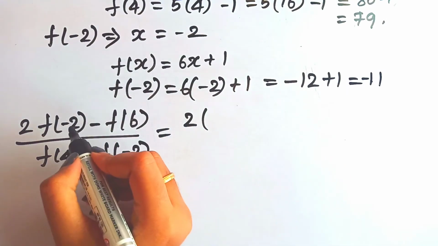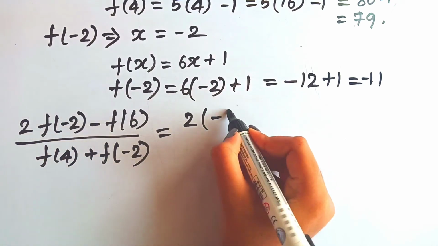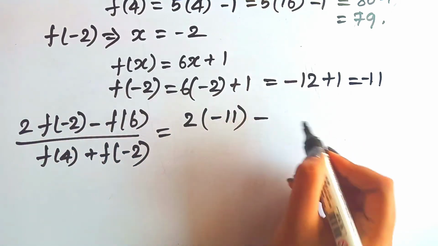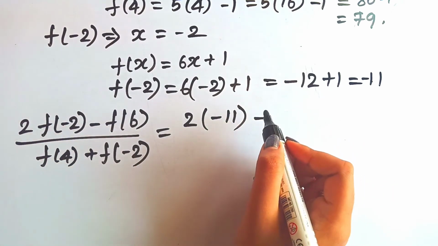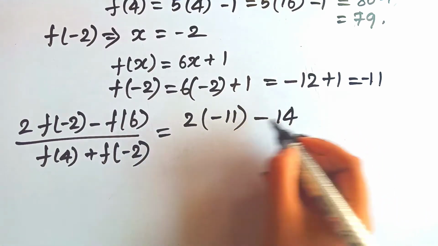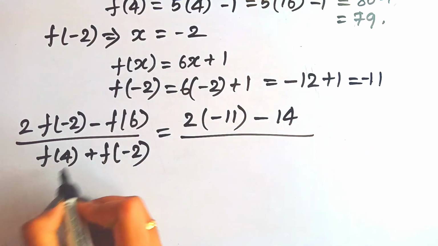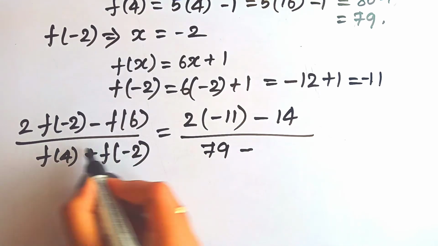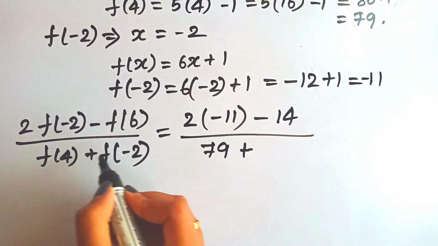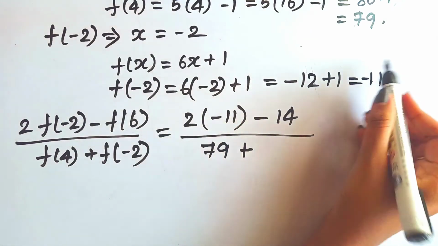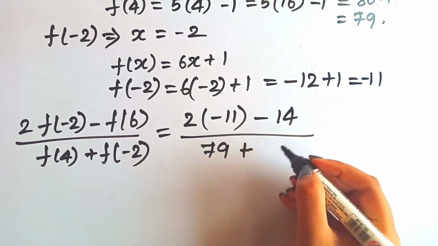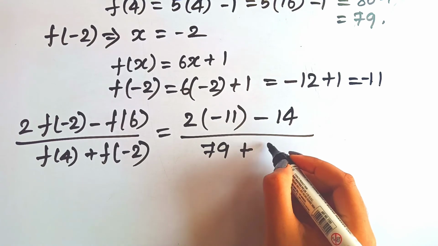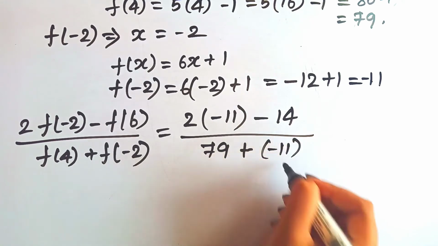The value of f of minus 2 is minus 11 we have found, and the value of f of 6 will be 14. So 14 divided by f of 4, which is 79. Here there is a plus, so we have to put a plus. F of minus 2 we have found is minus 11, so we'll use minus 11 here.